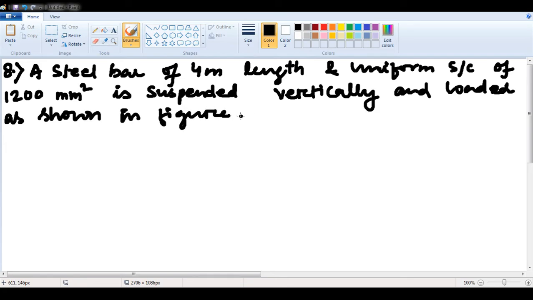The elongation of the bar, E is equal to 2.05 into 10 power 5 Newton per mm square.